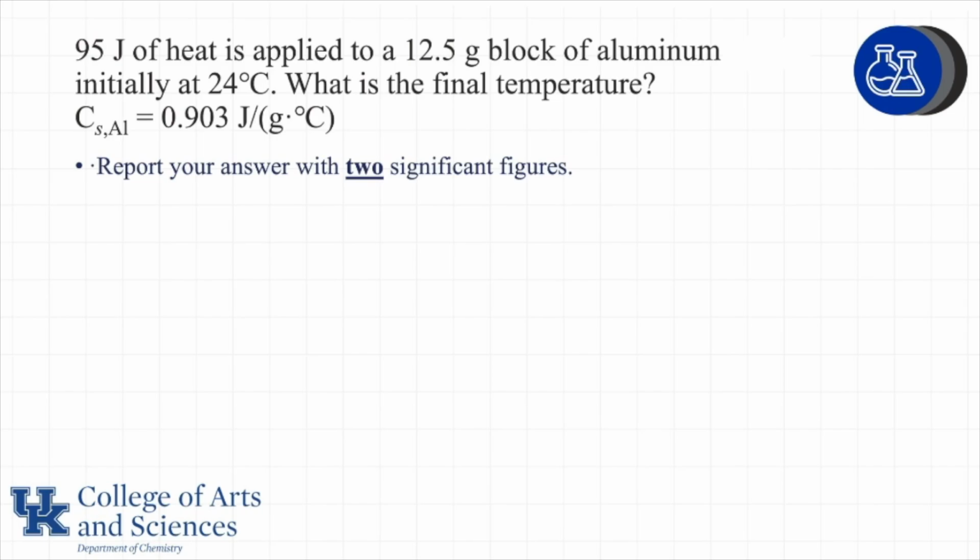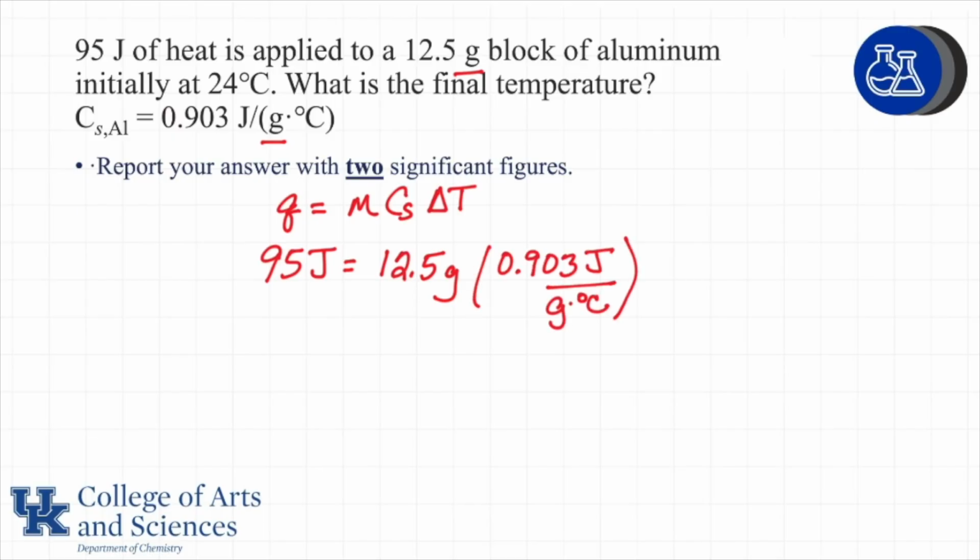95 joules of heat is applied to a 12.5 gram block of aluminum initially at 24 degrees Celsius. What is the final temperature? Notice that we have grams in our specific heat value, which indicates which equation we need to use. We have Q equals m Cs delta T. Plug in my 95 joules, my 12.5 grams for the mass, my specific heat of 0.903 joules per gram degree Celsius, TF minus 24 degrees Celsius, which is our initial temperature.